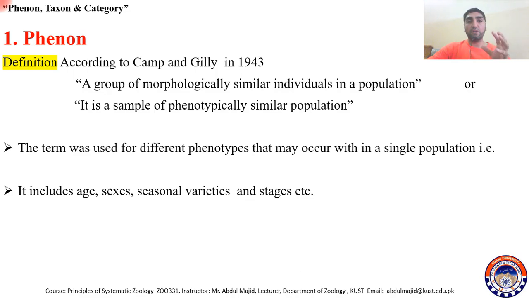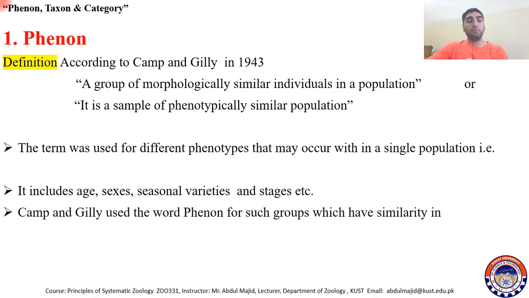So the seasonal varieties are also different, and there are metamorphosis stages like the eggs, then the pupa, the larva. All the larvae, like caterpillars, have similar shape, so you can say that is one phenon. And then the adults, there is another phenon.